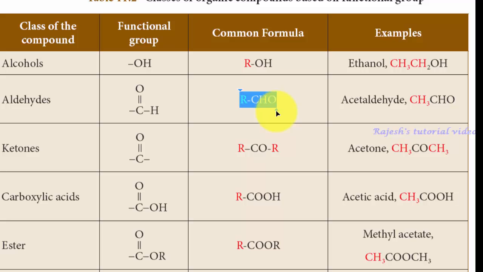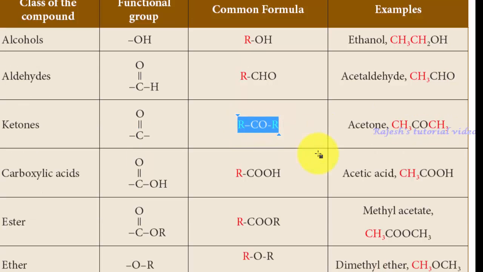Common example is acetaldehyde. Then ketones, which have the functional group C double bond O, and they are represented by RCOR dash. That is, C double bond O has two alkyl groups attached to the other two valence electrons.